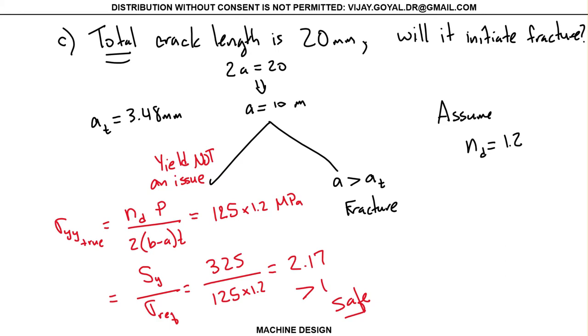Okay, since I'm working with fracture, for the fracture criteria I need to work with my factor of safety equal to what is actually available over what I really need, of my fracture toughness. So I'm going to move on to the next page and write all this: KC over KI.